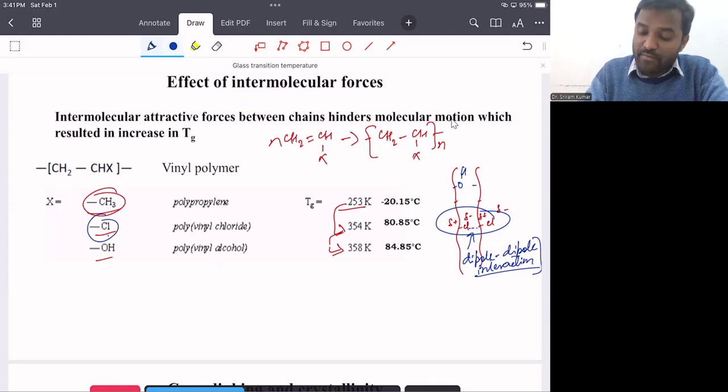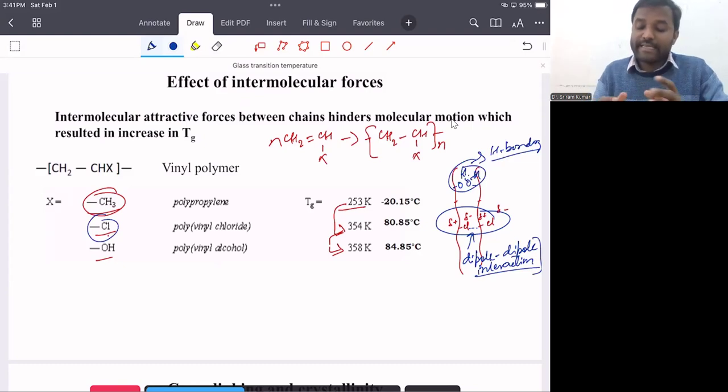And if you have OH there, there may be hydrogen bonding. Because of that hydrogen bonding or dipole interaction, the intermolecular rotation decreases, and therefore there is an increase in glass transition temperature.